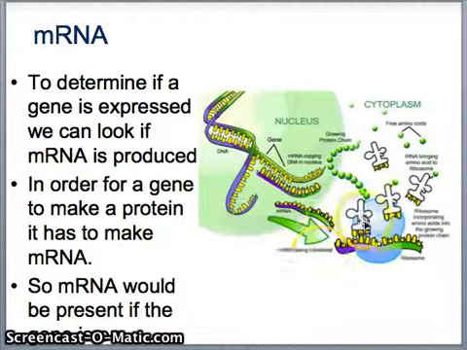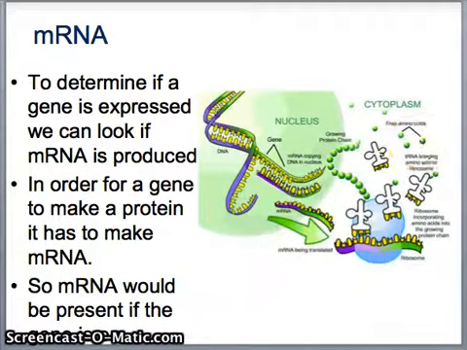So if we assume that if the gene is on, it's going to make mRNA and it's going to be present, then we'll assume every time you get an mRNA, the gene is on. If there is no mRNA, we're going to assume the gene is off, meaning the gene isn't even being transcribed into mRNA, so no protein is going to be made.